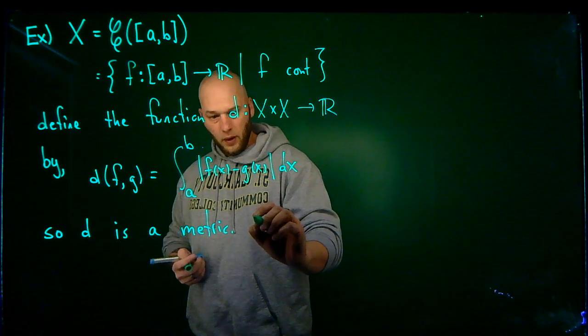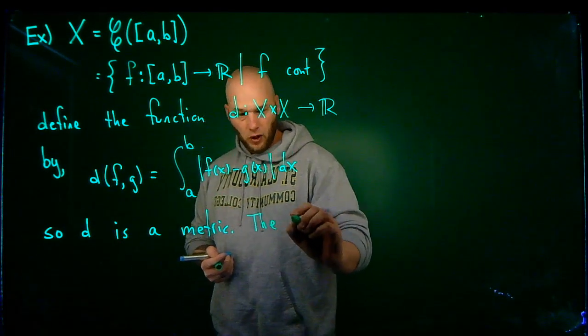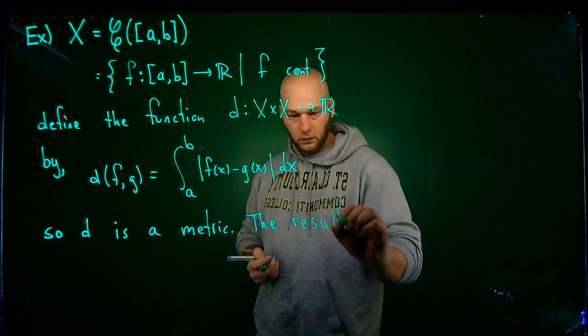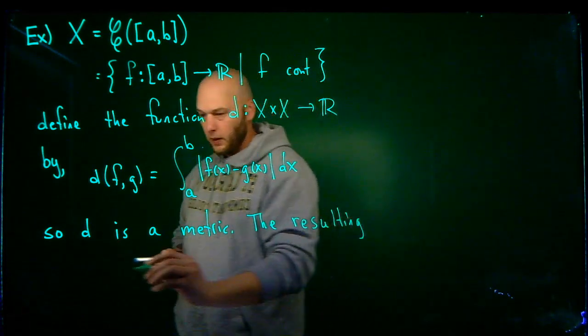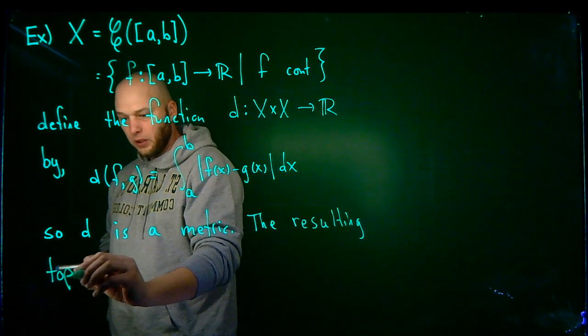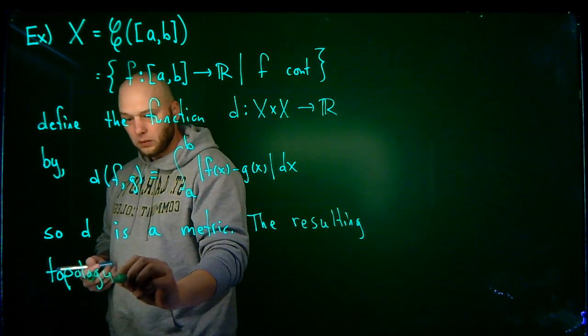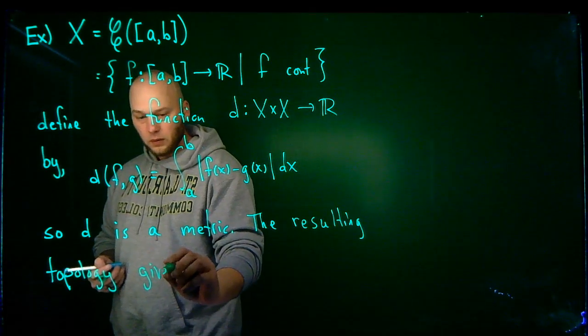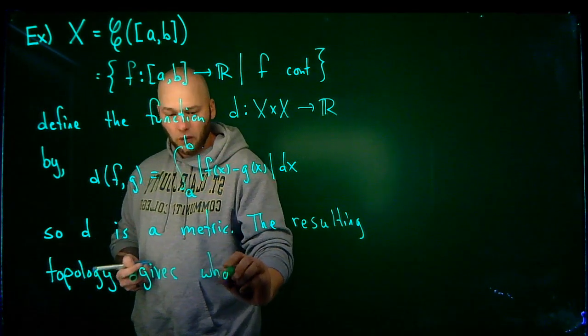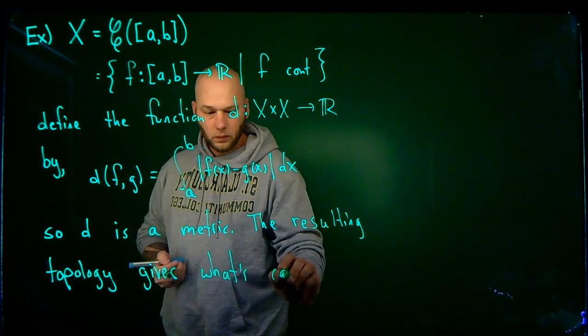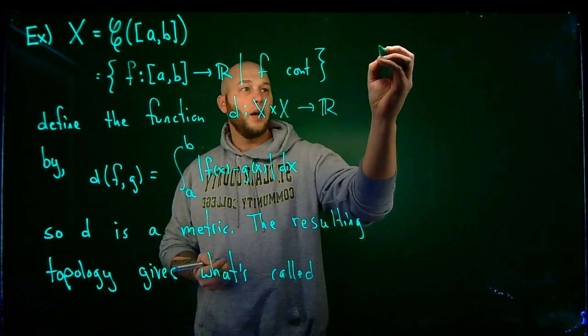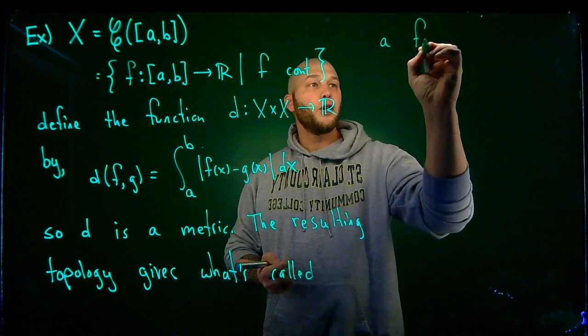And therefore, the resulting topology gives what's called a function space.